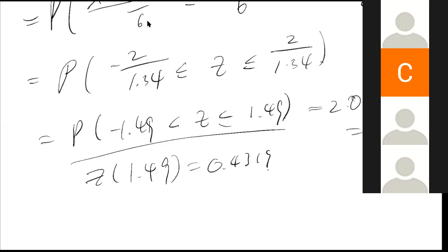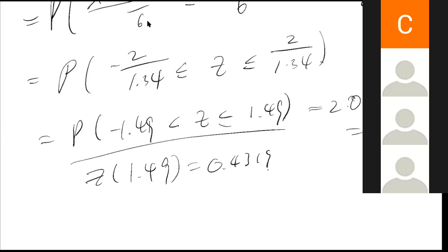The second question is false. If I construct a 95% confidence interval, can I say that the probability that mu lies in the interval is 95%? That's false. That's exactly what the professor mentioned in the lecture: because mu is fixed, we can't say that mu has a probability of lying in an interval.